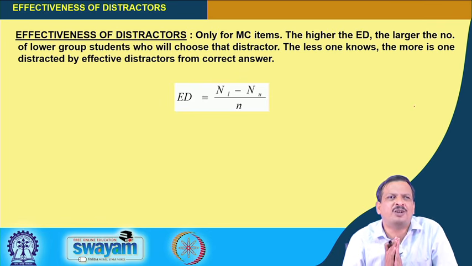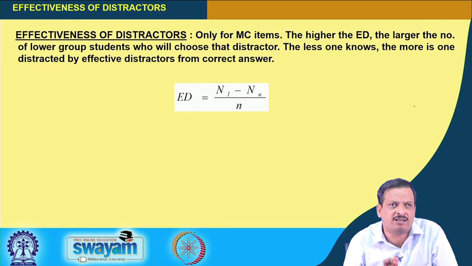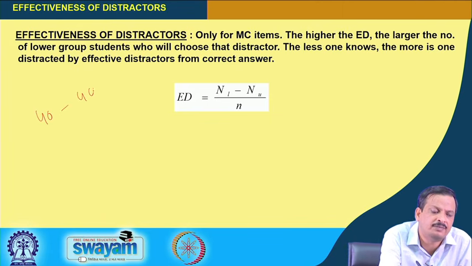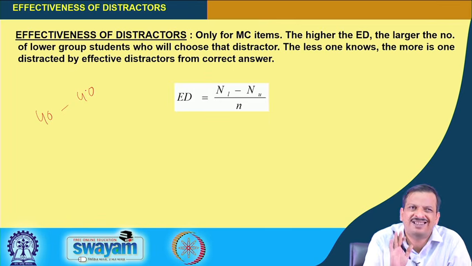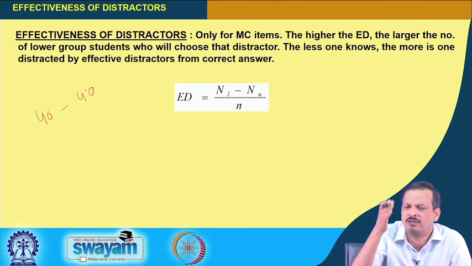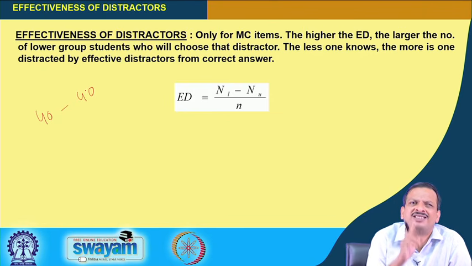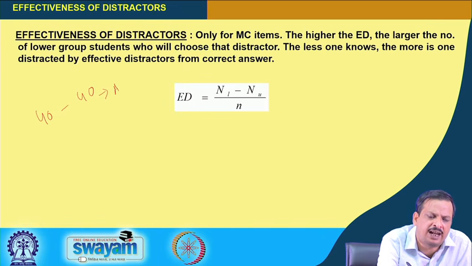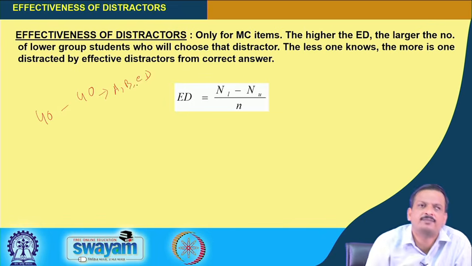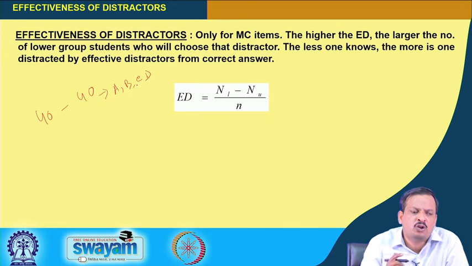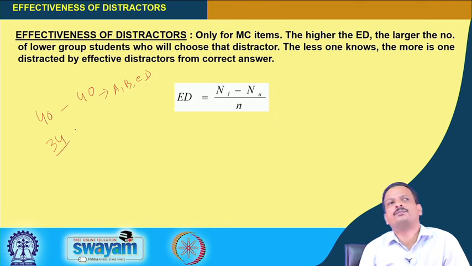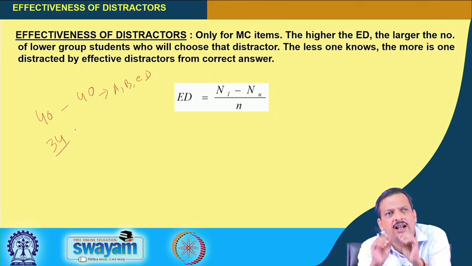Suppose I conducted an MCQ test for 40 marks with 40 test items. There are 40 questions, each question carries 1 mark and each has 4 choices A, B, C, D. Let us say a student scores 34 and guessing is allowed.